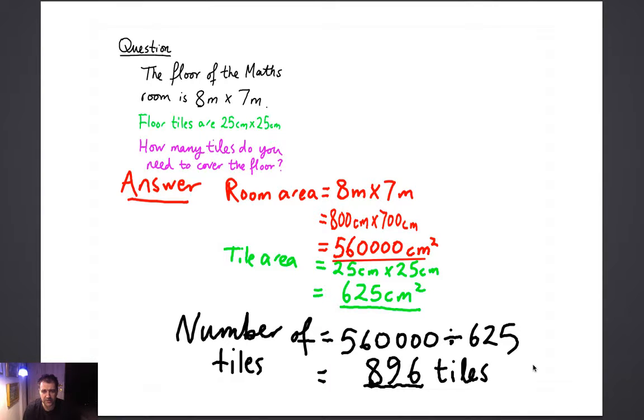So 896 tiles to cover the maths room floor, assuming of course that you can fit them all in, and 20 blocks of 25 centimeters will go into a meter, so we should be able to tile it with 896 tiles.